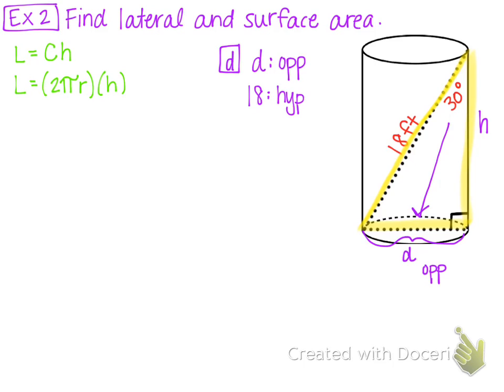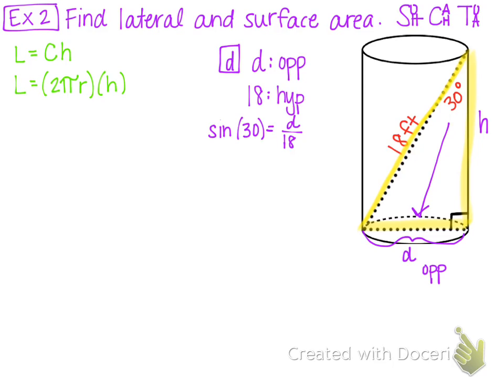Now remember SOHCAHTOA. If we're using opposite and hypotenuse, we're talking about sine. So sine of 30 degrees is equal to D over 18.